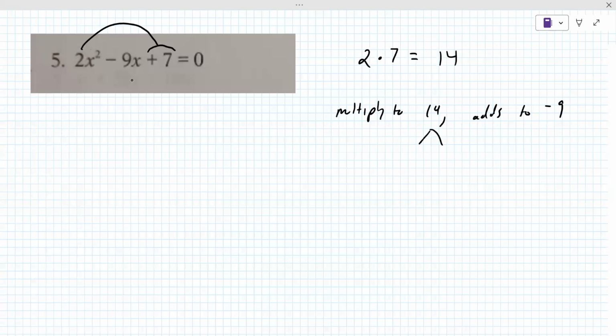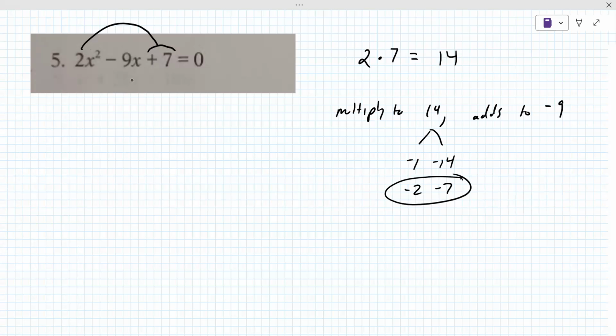That equals -14. Okay, wait, no. That's still not correct. All right, I can hear some struggling. So -1 and -14, okay? -2 and -7. Those are the only two possibilities. Do either of those add to -9? Let's say 2 and 7. -2 and -7. The sign's important. It really is.